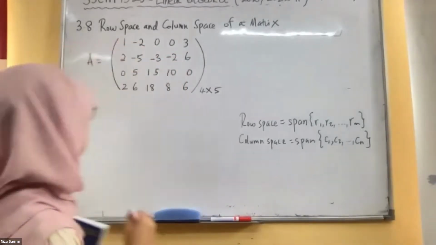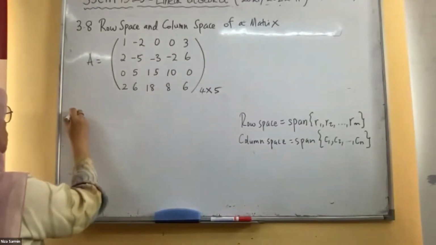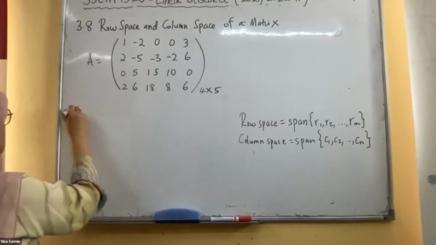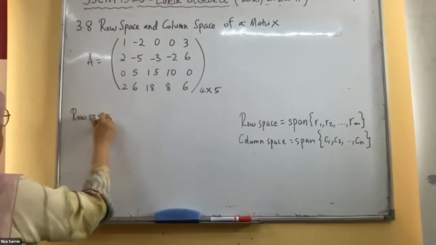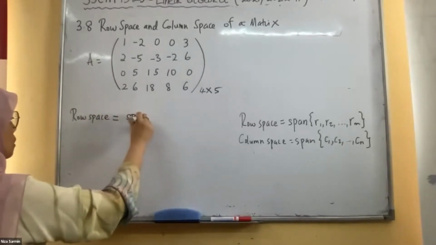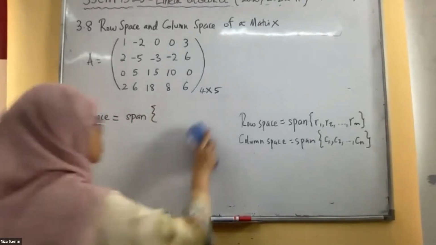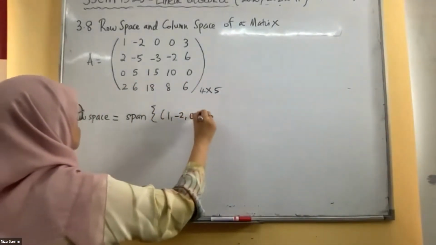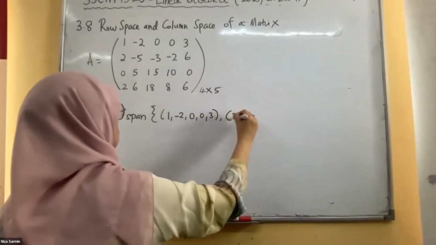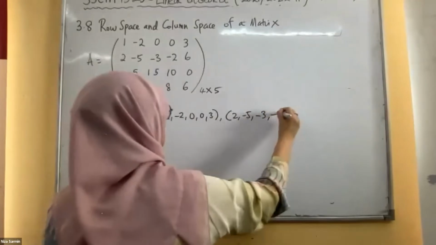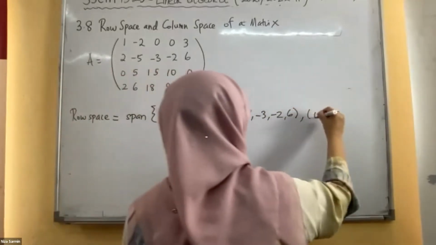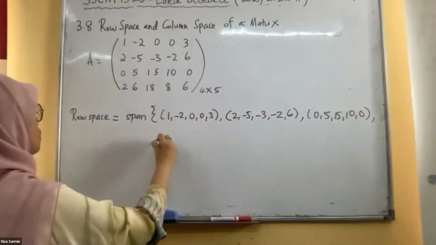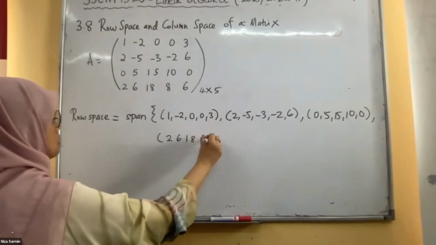So you write the row space as the span of 1, -2, 0, 0, 3; 2, -5, -3, -2, 6; 0, 5, 15, 10, 0; and the last one, 2, 6, 18, 8, 6.